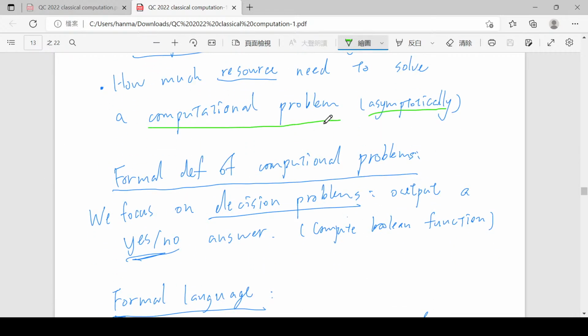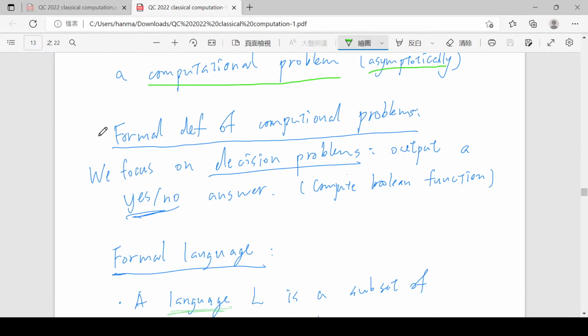Now we want to describe what is a computational problem. From a very theoretical perspective, we focus on decision problems. Decision problems are problems that output a yes or no answer.